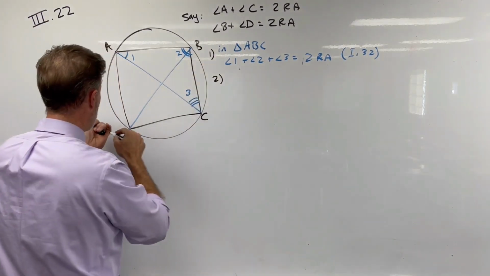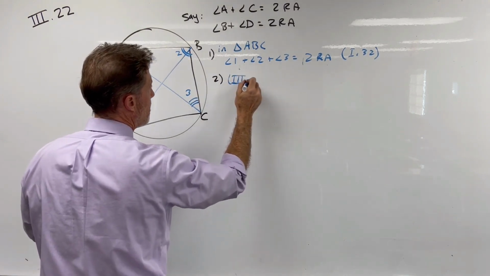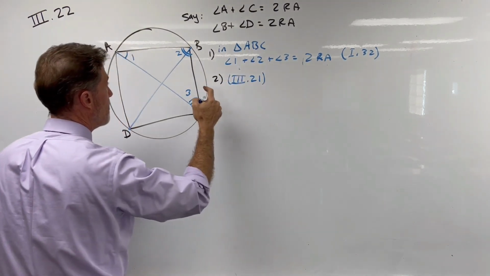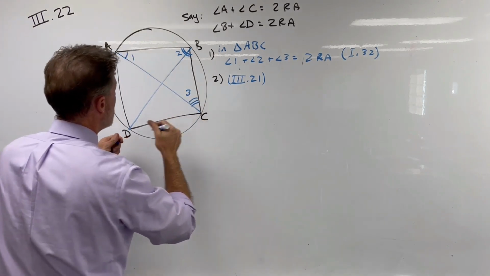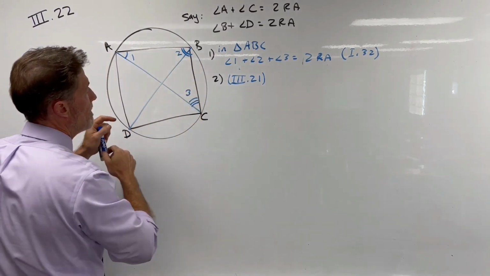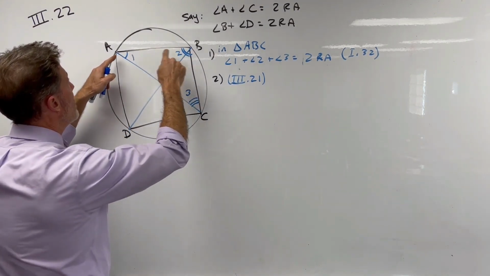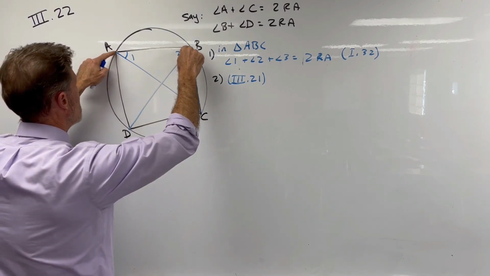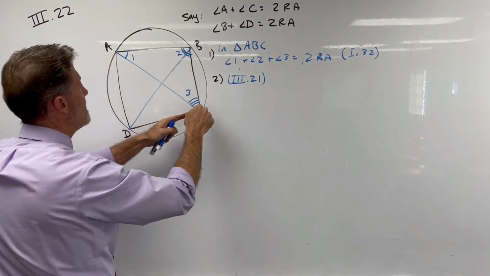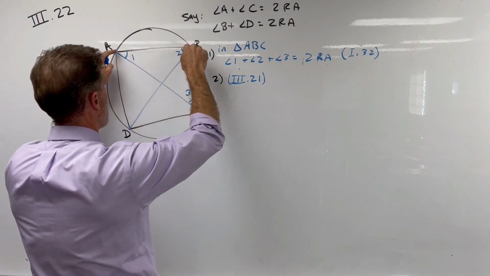Our second step is we're going to invoke Book 3, Prop 21, the previous prop. This tells us that when angles are in the same segment, they're going to have the same value. So if we look at this segment here, we can see that the angle here at 3 is on this segment.